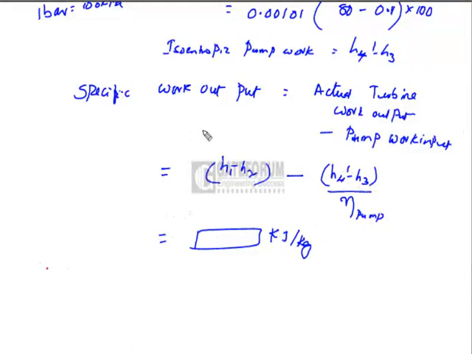Then heat supplied in boiler is equal to H1 minus H4.